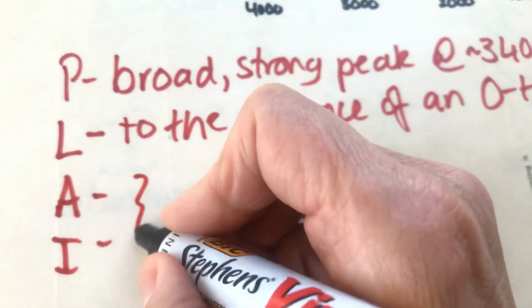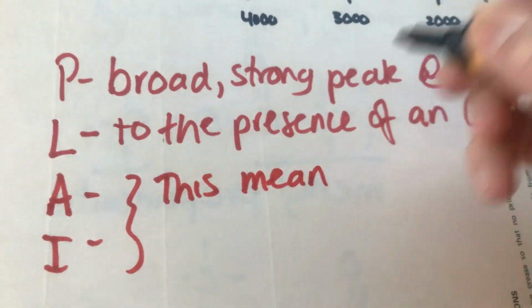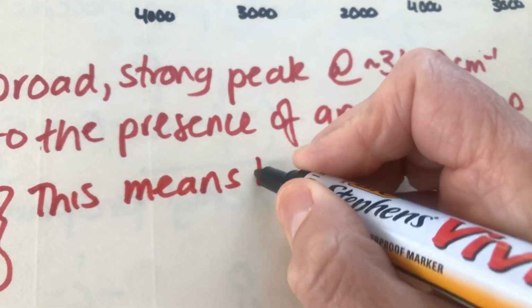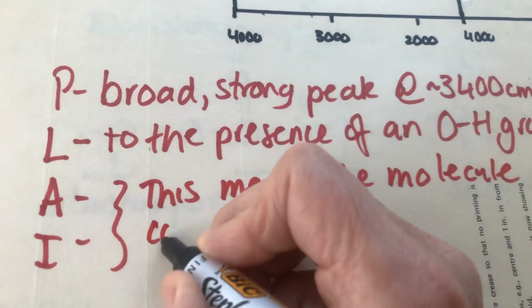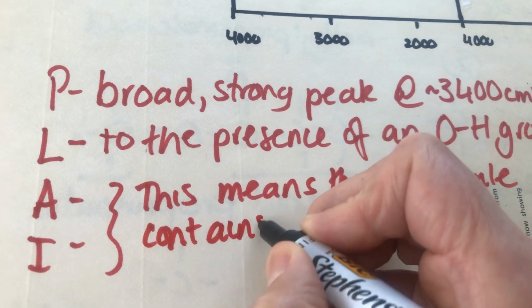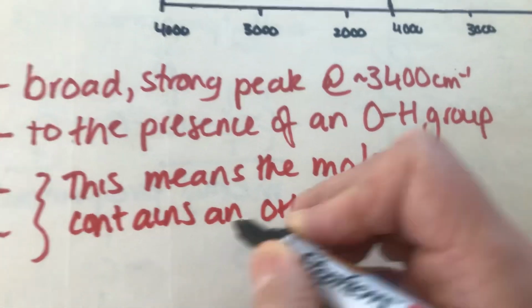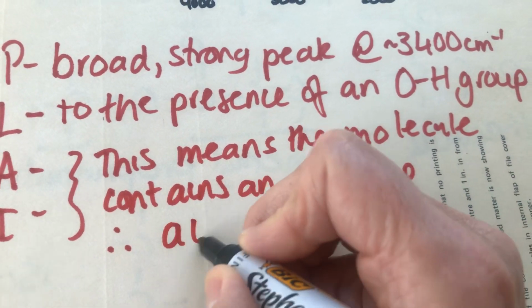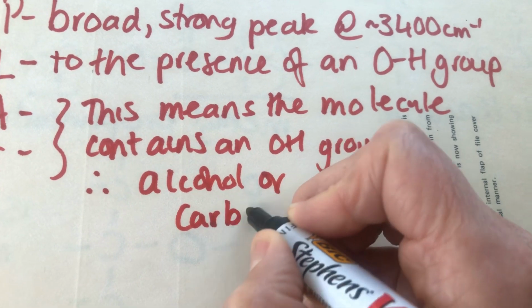Okay, so A and I, what does this tell me? This tells me that this molecule, the thing that made these peaks, contains an OH group. Therefore, it's either an alcohol or a carboxylic acid.